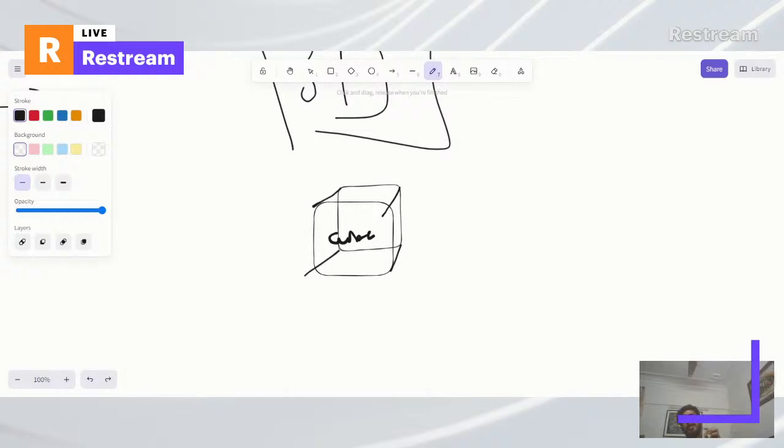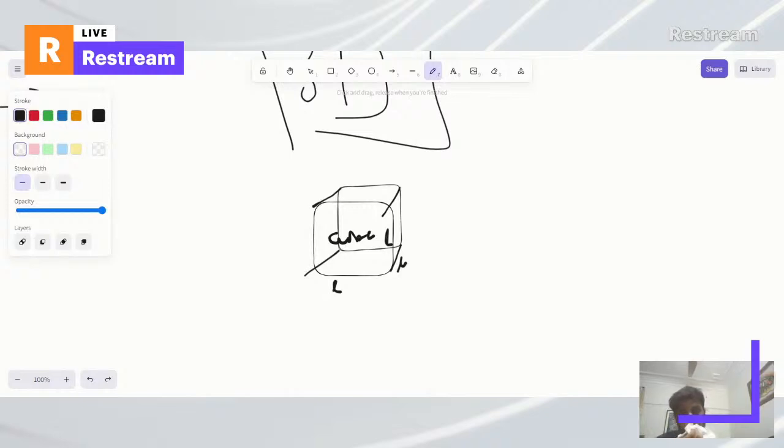What's the speciality of a cube? Let's say that this is a length, let's say that it's 4 centimeters long, right? And now because it's a cube, all the sides are going to be exactly the same. So this is the speciality of a cube.